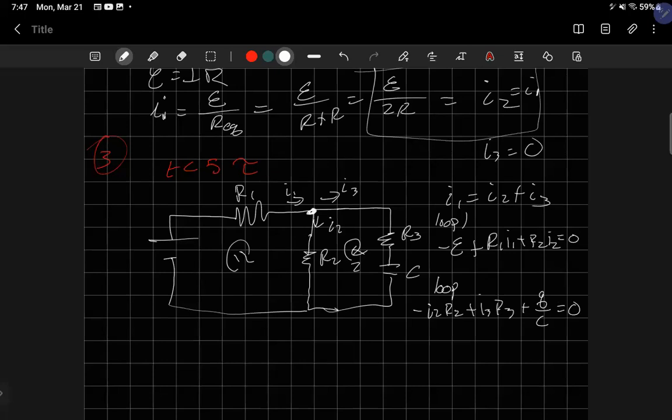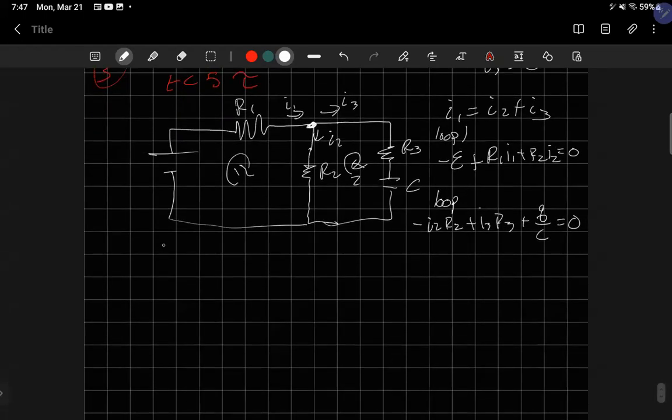Okay, I'm going to rearrange loop 1 and loop 2 so that I have the I's on one side.